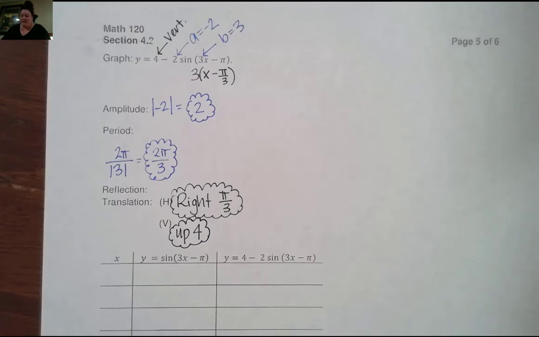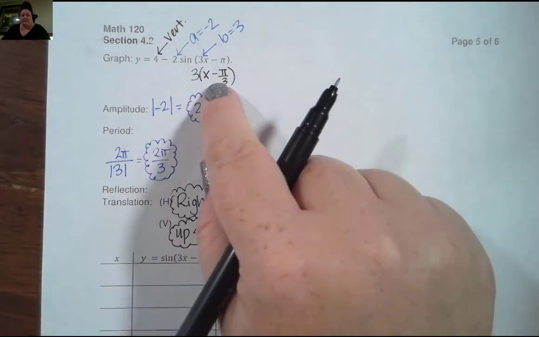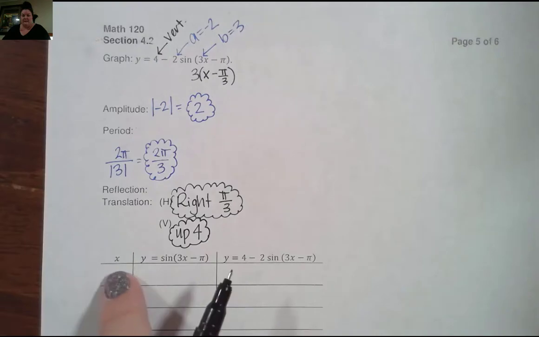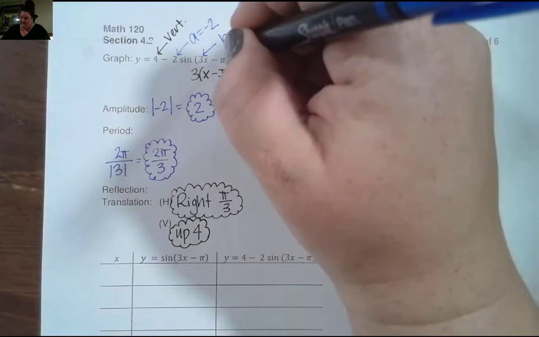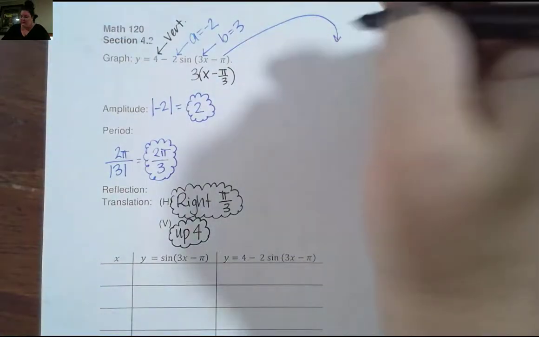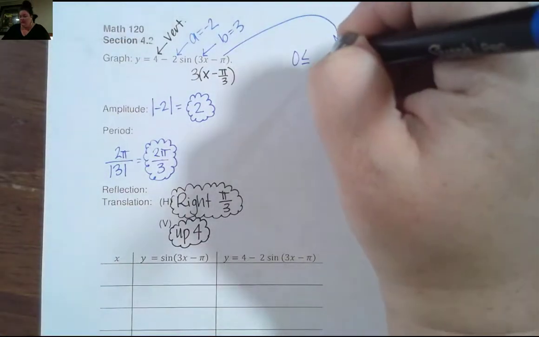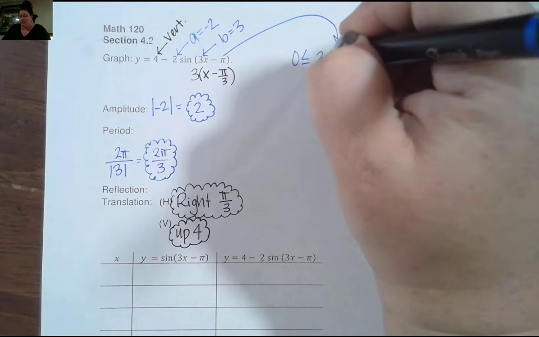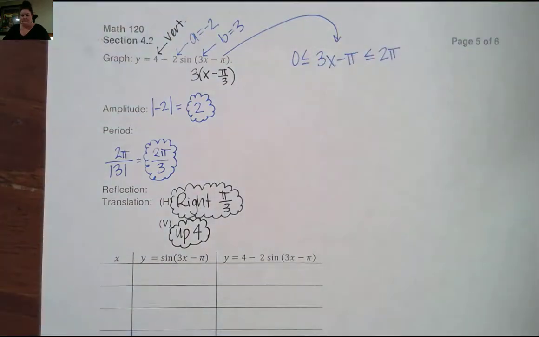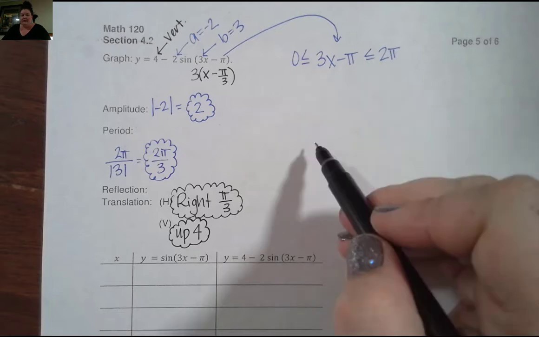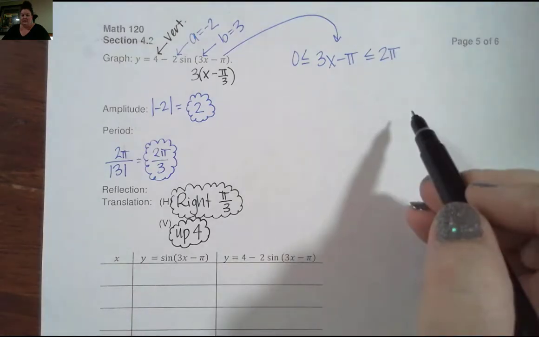So to graph it, we're going to adjust our x values so that we get nice, pretty quadrantal sine values. So I'm going to take whatever is inside the sine function and put it between 0 and 2 pi, because that's our normal phase shift. And then we're going to solve it for x, so we know our starting and our ending x reference points, right?